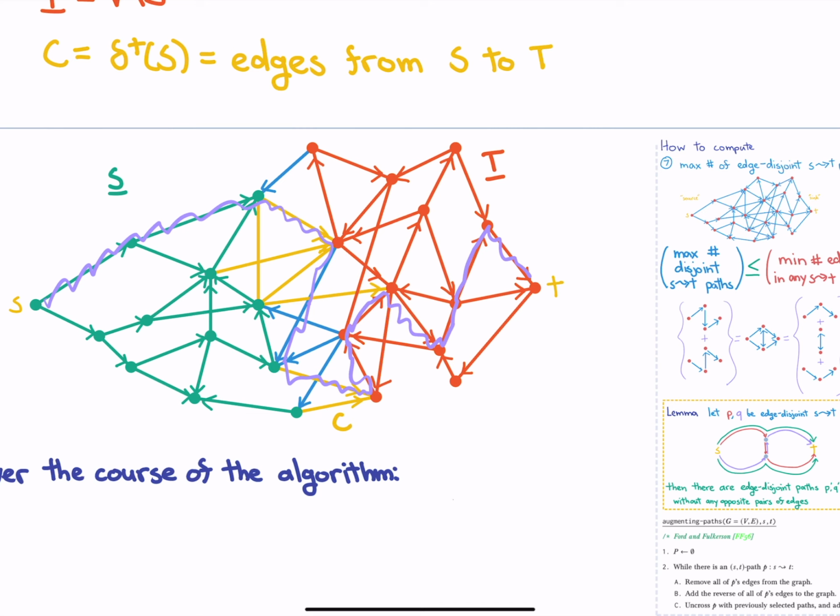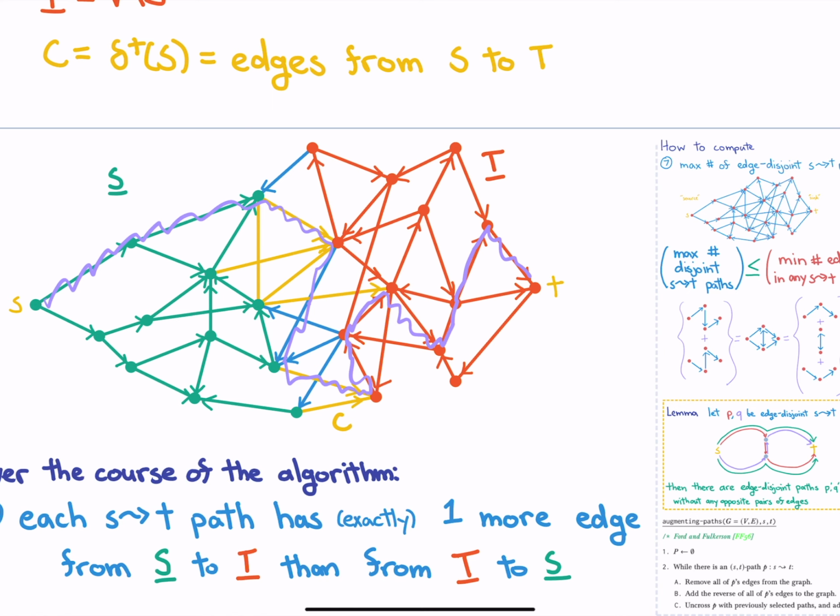So maybe it does go back and forth, but I know for sure there's exactly one more edge in the forwards direction than in the backwards direction. So every S to T path, whatever path the algorithm picks, is going to have one more edge going from the green, capital S, to the orange, capital T, than from the orange, capital T, to the green, capital S.